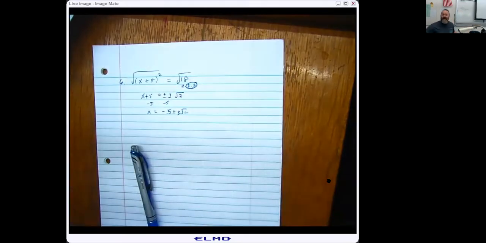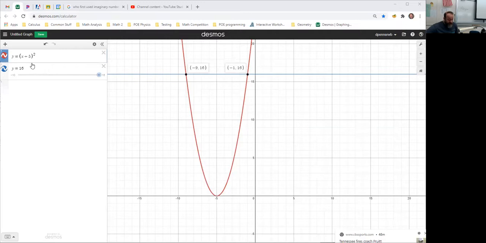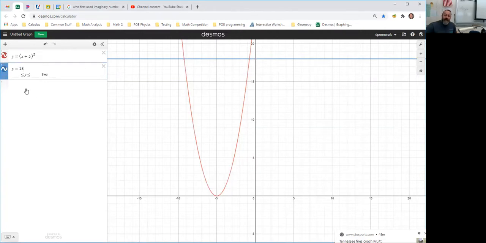Now, that's a little harder to look at in its representation. So like I said, let's go ahead and take a look at Desmos and see what that actually looks like. So I already set this up before. We had (x plus 5) squared, but this time we're going to be looking for where that hits the number 18. Now that's kind of weird, but it's right here and right here.